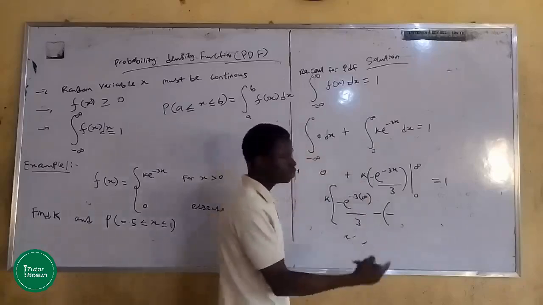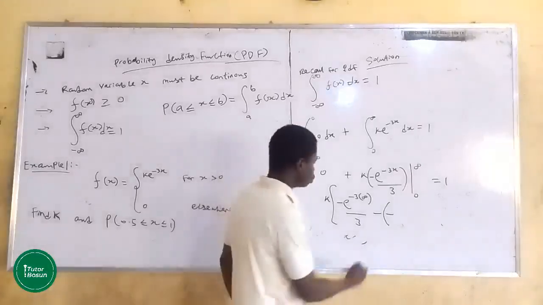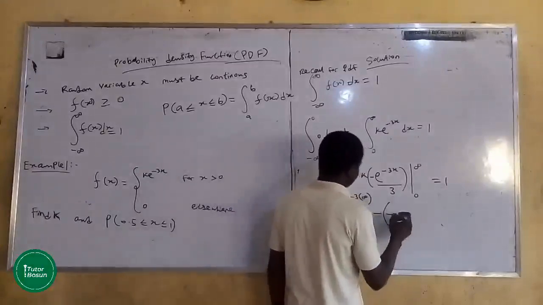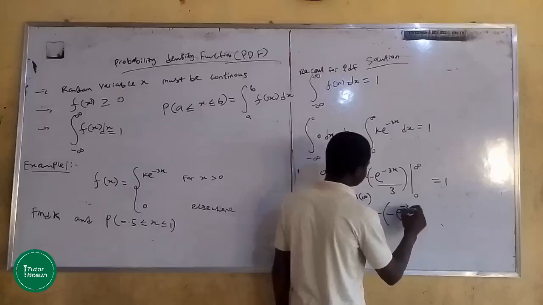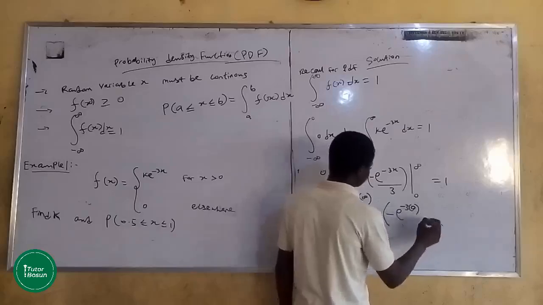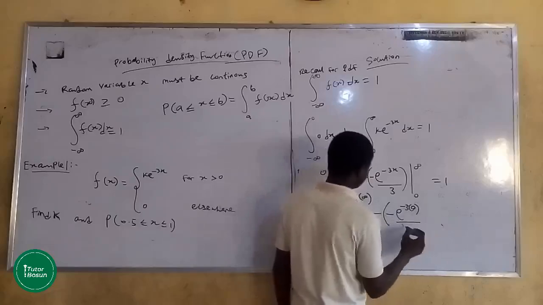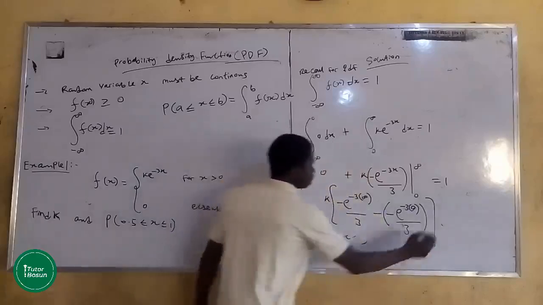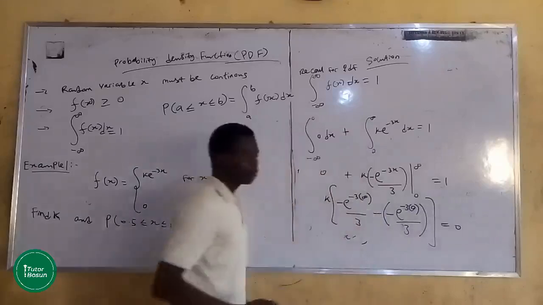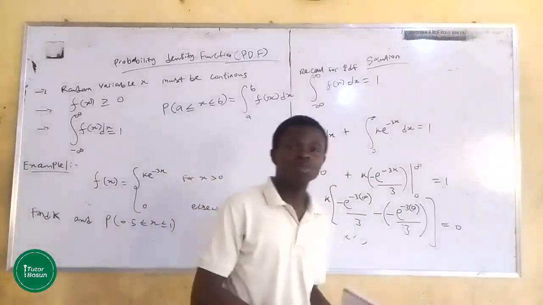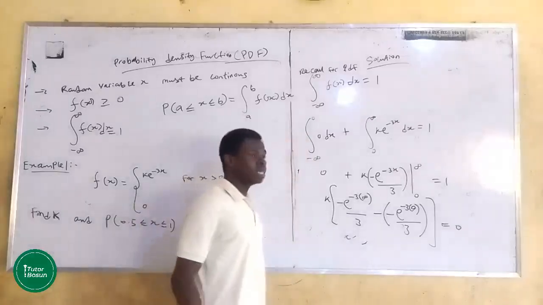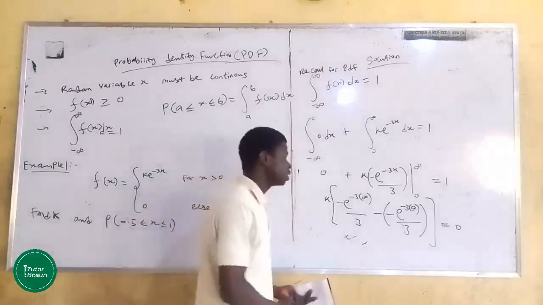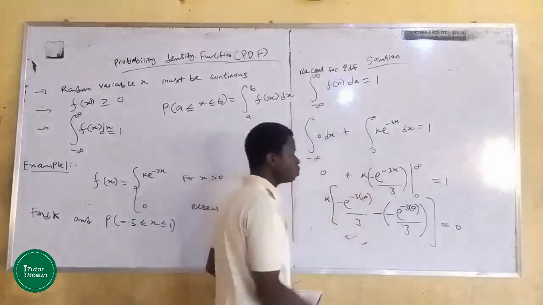When you are introducing the lower limit, you are going to subtract, so make sure you put this in a bracket so that you don't mix it up: minus exponential minus 3 into 0 over 3. Close the bracket, and close the bigger bracket because we brought k outside. Remember, minus 3 times infinity will definitely give you minus infinity. Then exponential minus infinity is 0. We already know that exponential minus infinity is 0, so automatically everything here becomes 0.